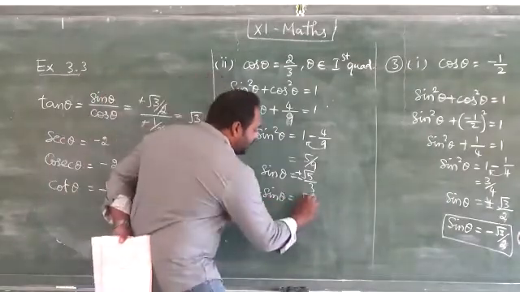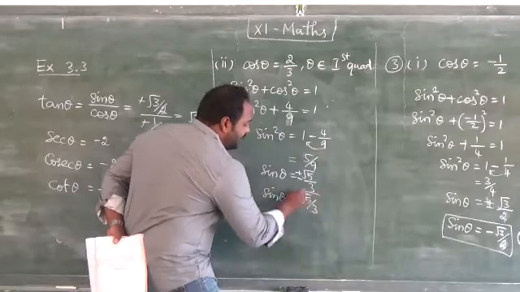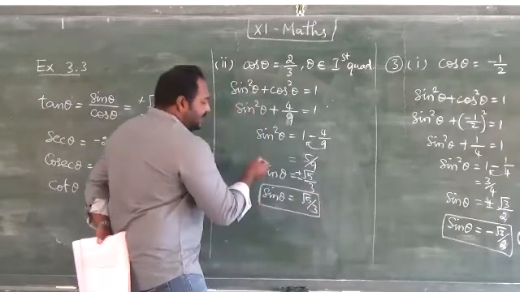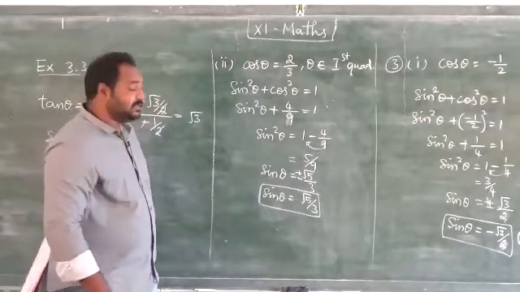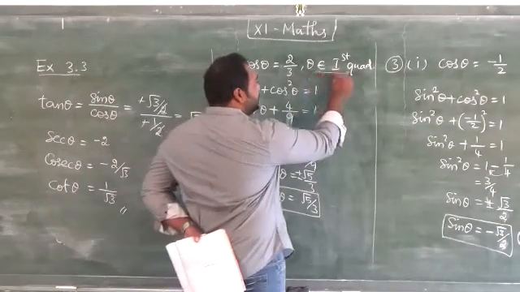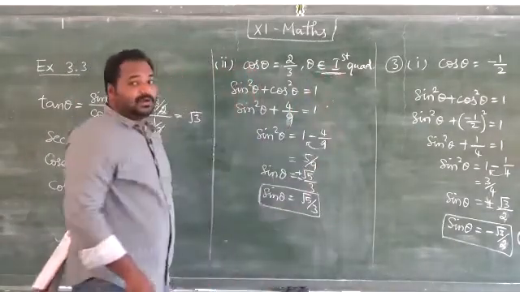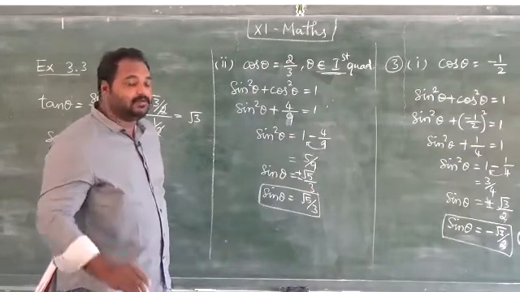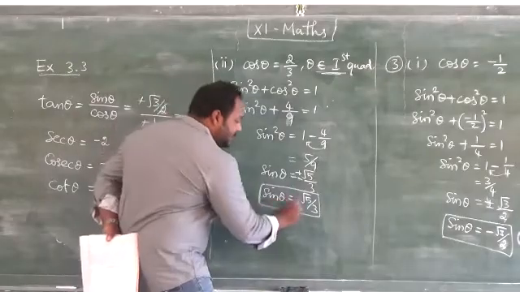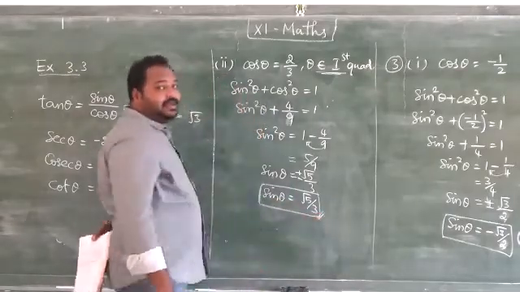So only the positive value for sin, no negative value. Don't give the answer as plus or minus root 5 by 3, because theta is given to be in the first quadrant. There is no negative value in the first quadrant, so we have to give only the strictly positive value.